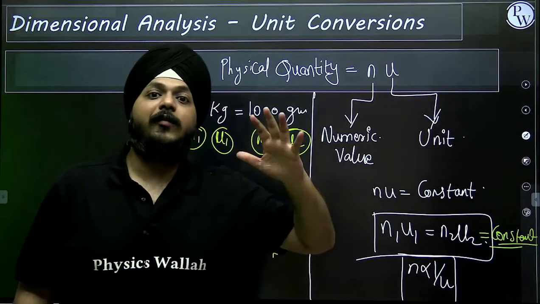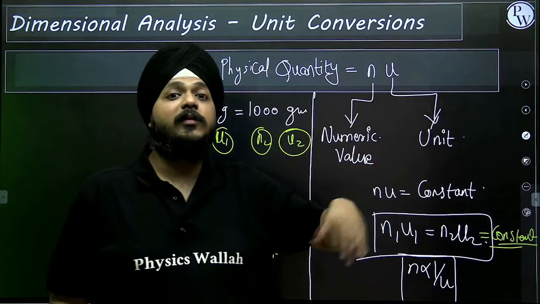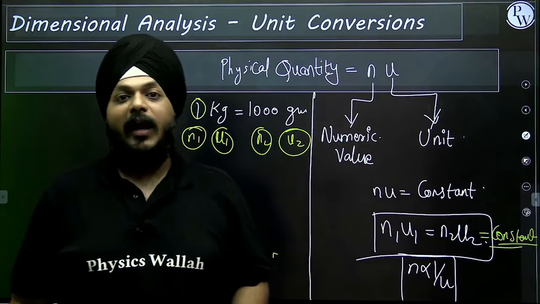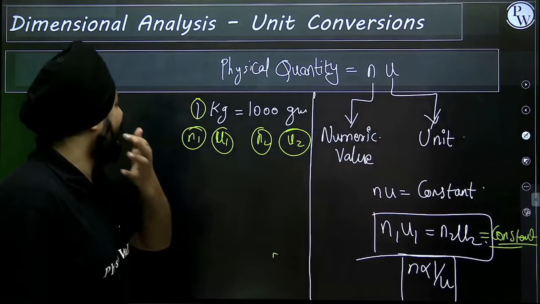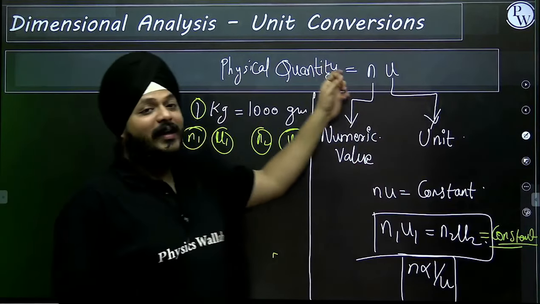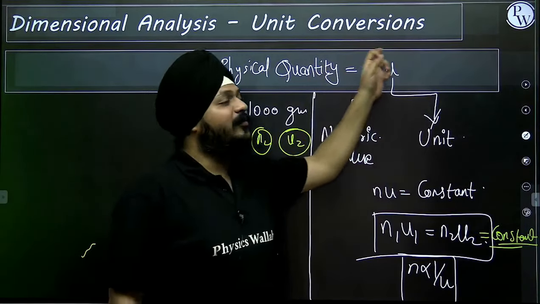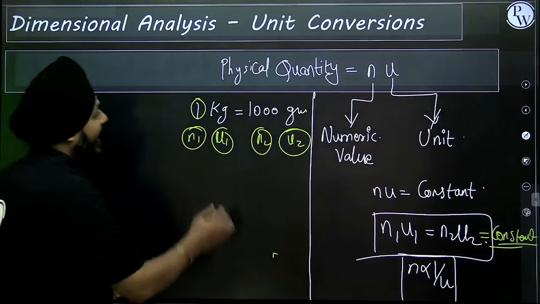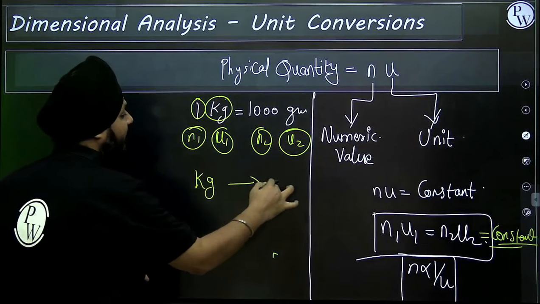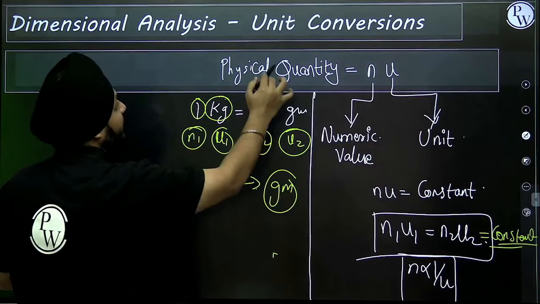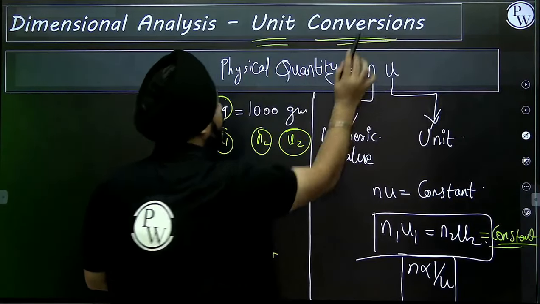If I write 1 Newton, that is equal to some number of dyne. So you can understand this. Any physical quantity comprises N1 U1, which means I can represent one unit system in another. Now, unit conversions.